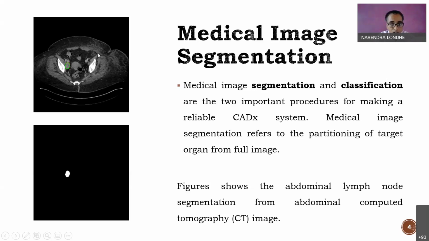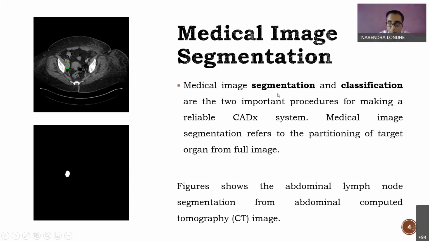This is an abdominal CT image, and here I have detected this lymph node. This is called segmentation. Detection of the abnormal part in medical images is called medical image segmentation.